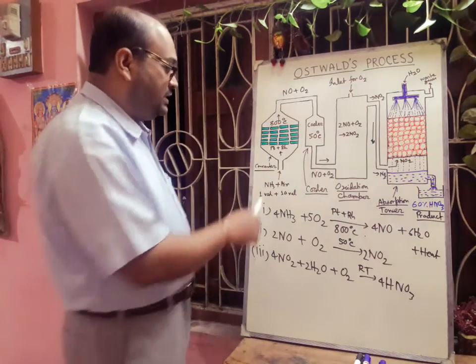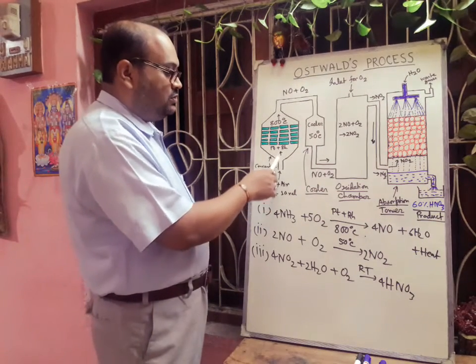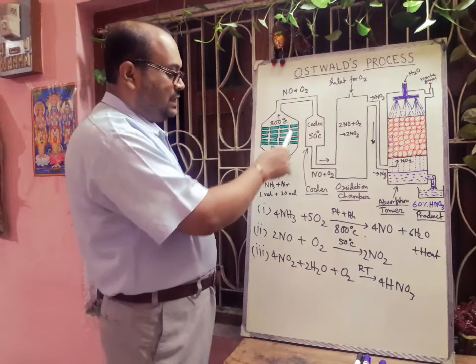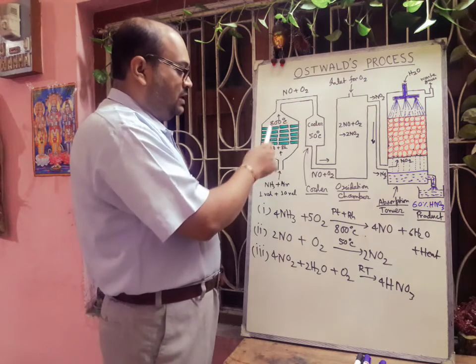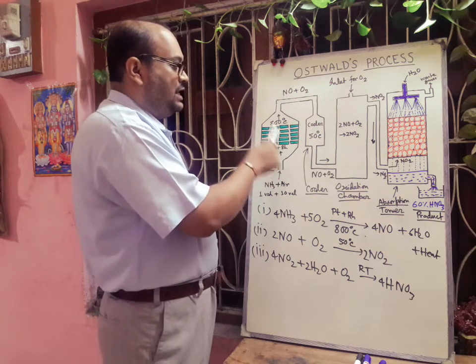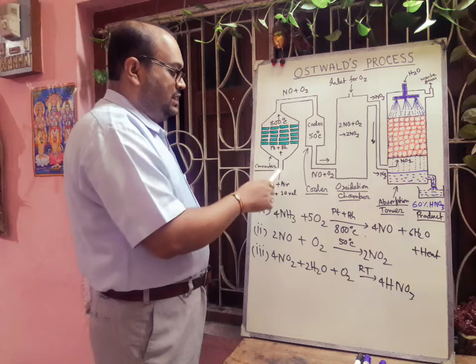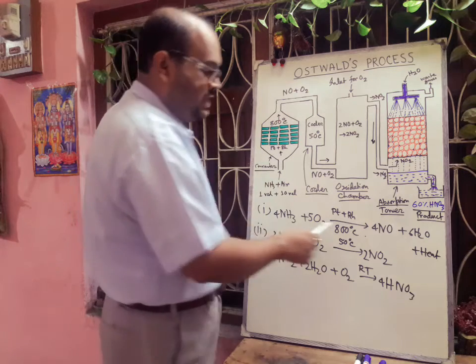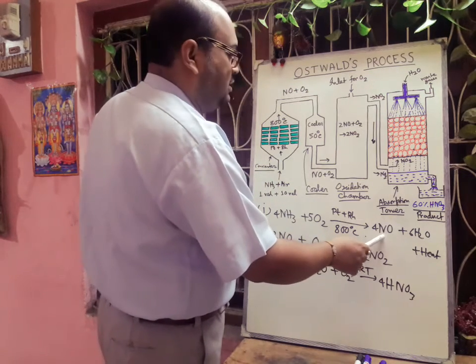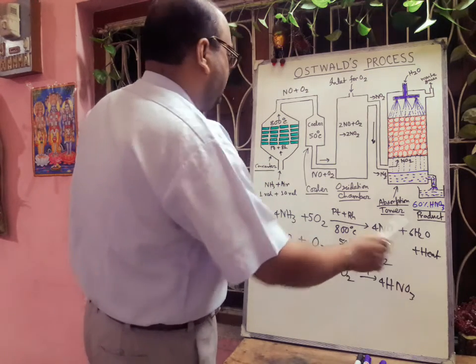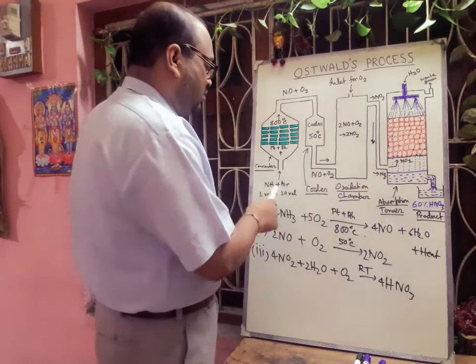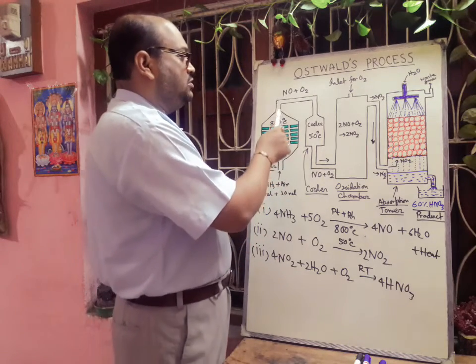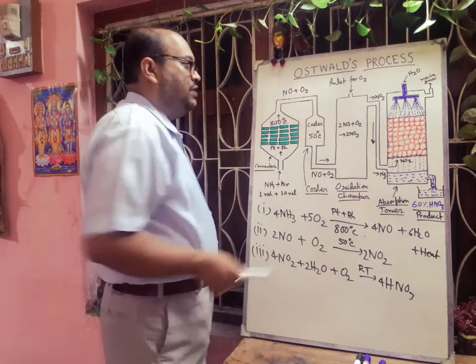So whenever this ammonia and air pass through this catalyst chamber, the converter with platinum and rhodium at 800 degrees centigrade, the ammonia will form nitric oxide. Water vapor will be there, as well as oxygen, that means air is there. So it will produce NO and O2.